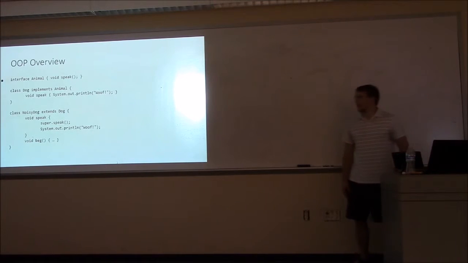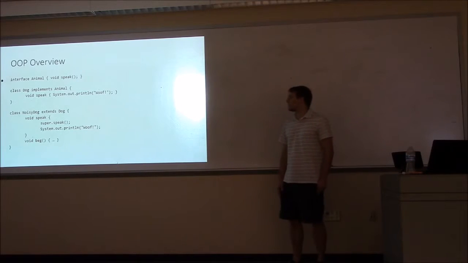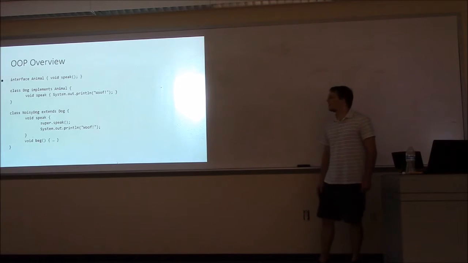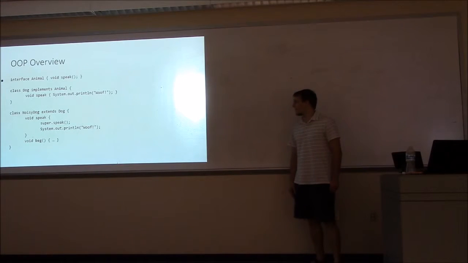So here's an Animal interface that has just one method, speak, and class Dog can implement Animal, and it gives the speak method a body which prints woof. We can then define a new class, NoisyDog, to extend Dog, and it also has a speak method.